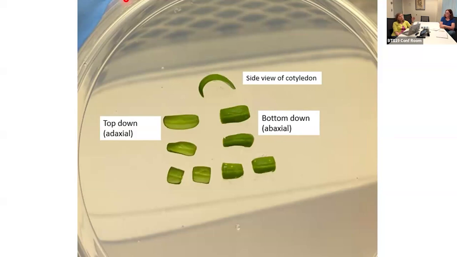The other reason we switched to micropore tape from parafilm is that with tomato it seemed to be inhibiting regeneration. We weren't getting really good regeneration, most likely due to a buildup of ethylene. When we switched to this micropore tape, which is made by 3M, I believe, we got better regeneration. These aren't just things we try and say, oh, it worked.